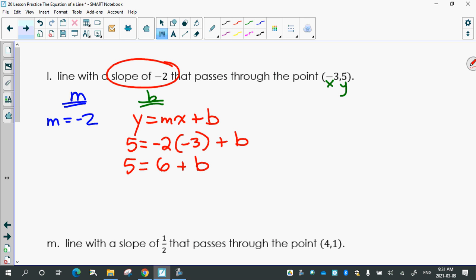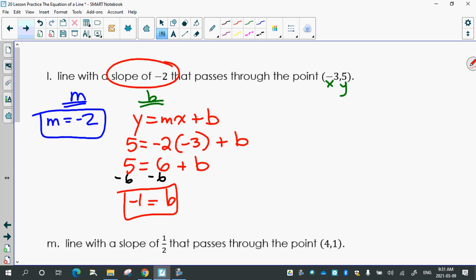I get b by itself, subtract 6, b is negative 1. So now I know m and I know b, so I can get my equation.